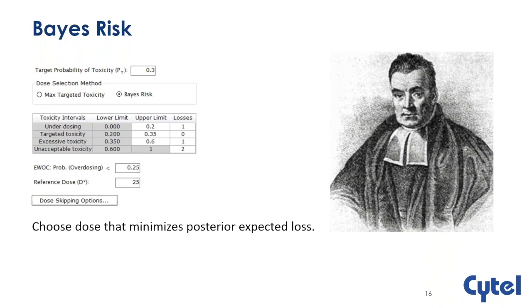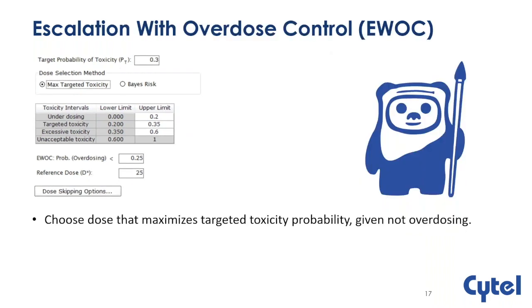However, there are several subjective quantities in this type of approach. Besides the prior distribution, you also have to determine the loss structure, and therefore there is another alternative for this approach, which is the escalation with overdose control. This is a constraint optimization approach, which essentially fixes the probability of overtoxing or overdosing a subject at a cap of, say, 25%, as you might see in this example here.